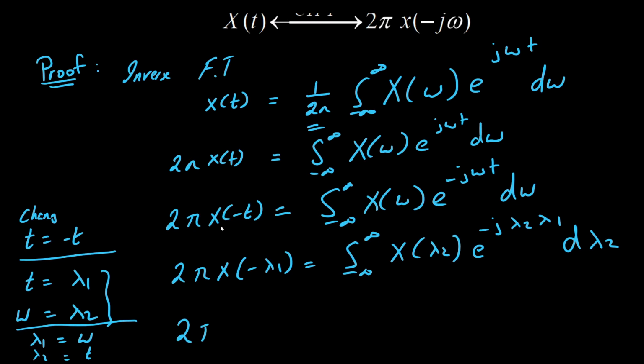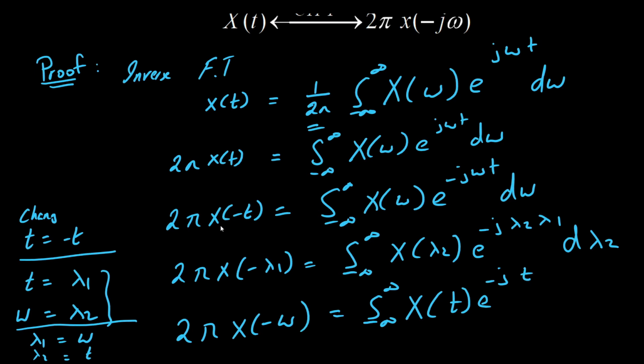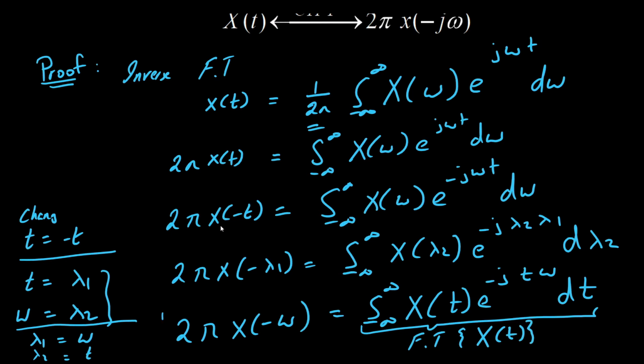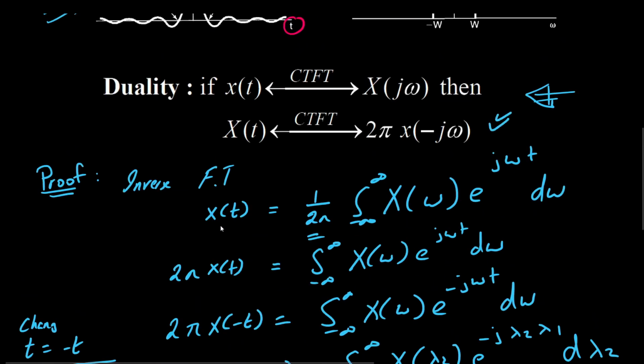So we have 2 pi x of minus omega, and this is equivalent to the integral from minus infinity to infinity of x of t e to the power minus j lambda 1 lambda 2, where lambda 2 is t and lambda 1 is omega, and d lambda 2 is again dt. This is nothing but the Fourier transform of x of t, that is 2 pi x of minus omega, which is mentioned over here.